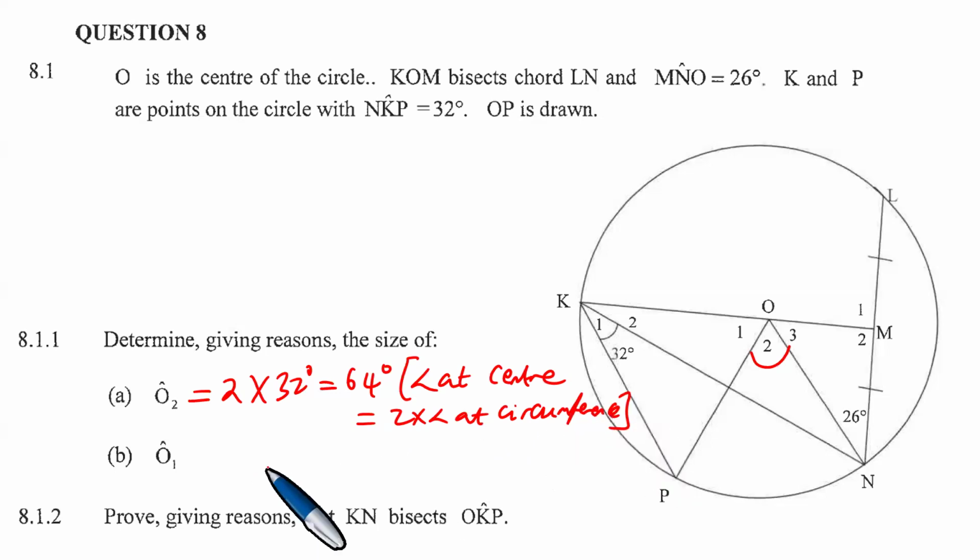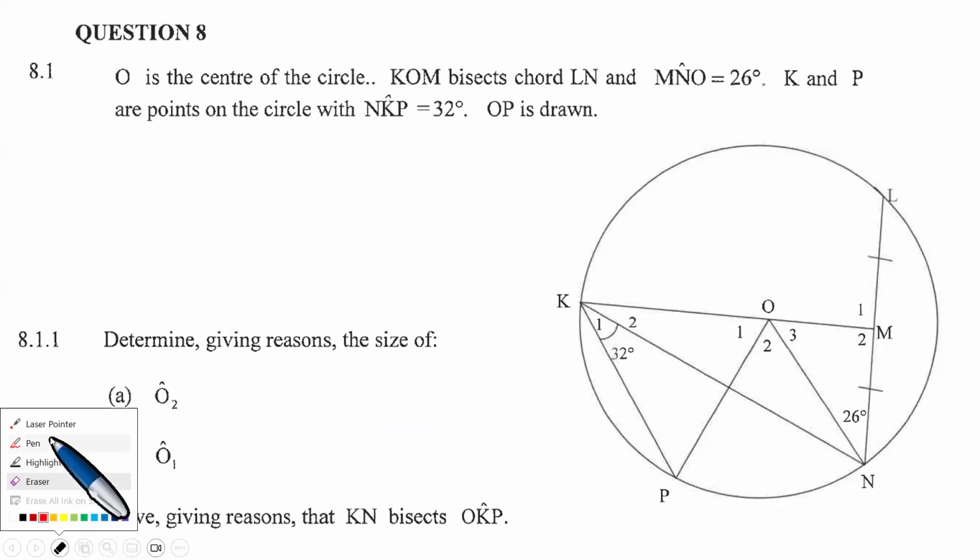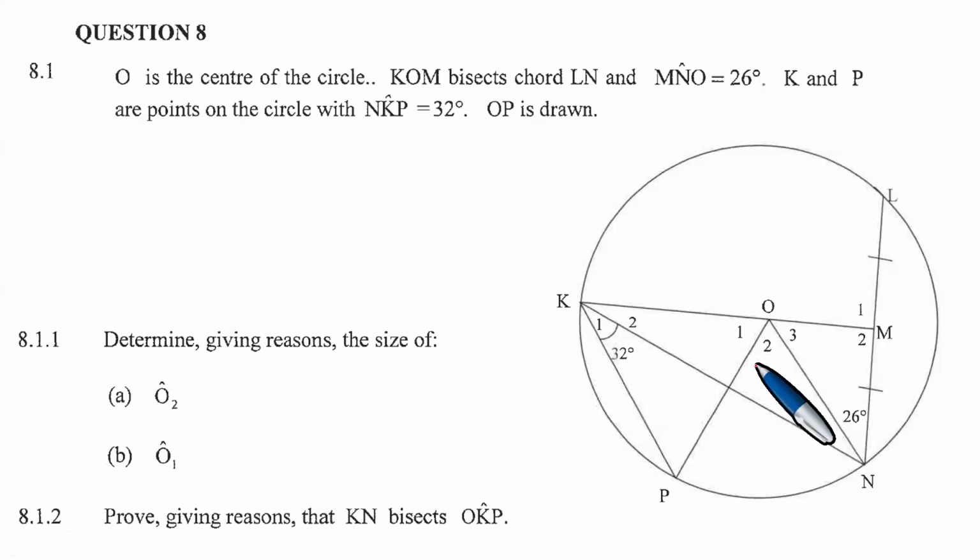Then what do we do? Angle O1. Now to find the size of angle O1, we proceeded as follows. This one you already know is 64 degrees, and we just need to deal with the whole angle here.